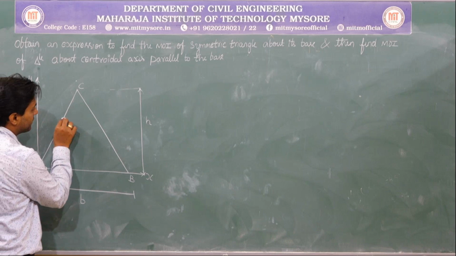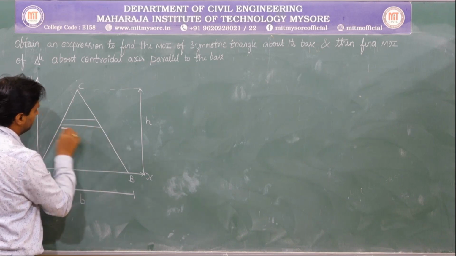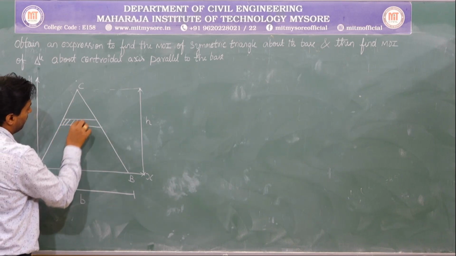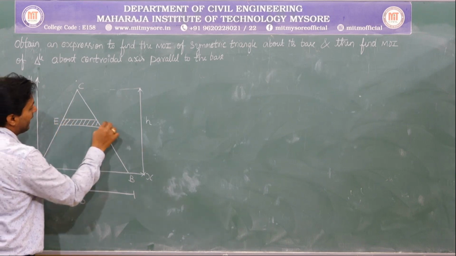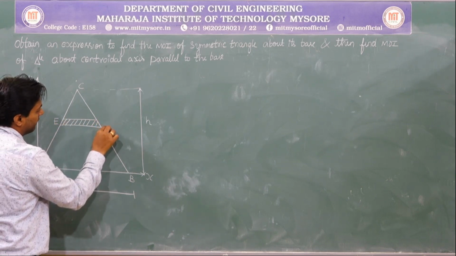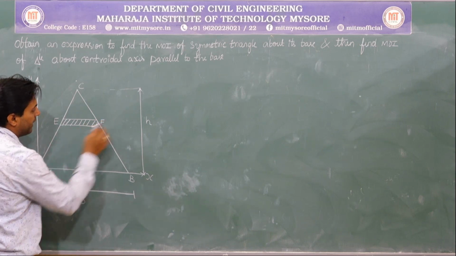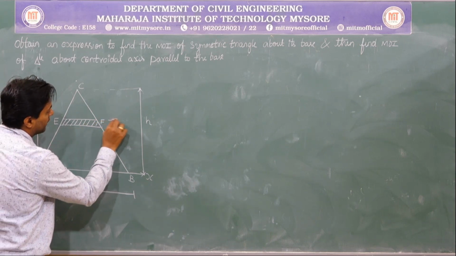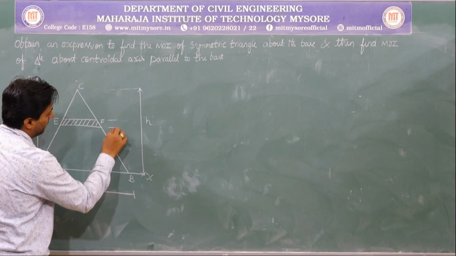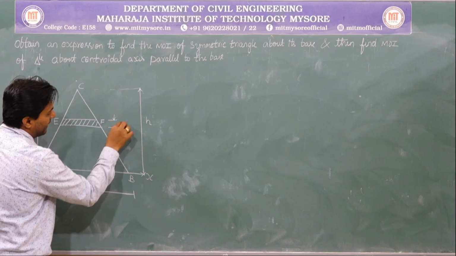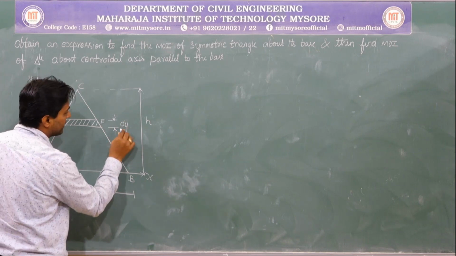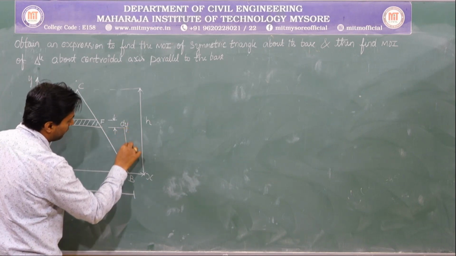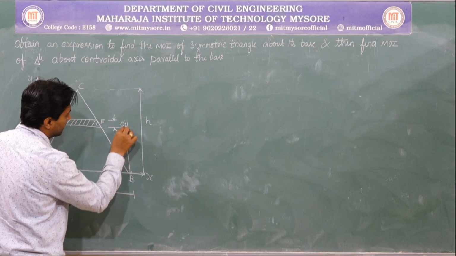Let me consider an elemental strip, and let me call that strip as EF. Let me assume the thickness of that elemental strip as dy, and let me assume that it is at a distance y from x-axis.